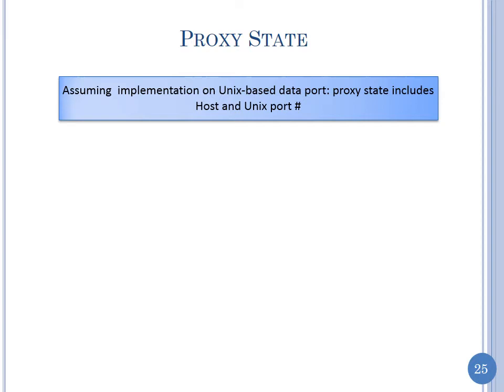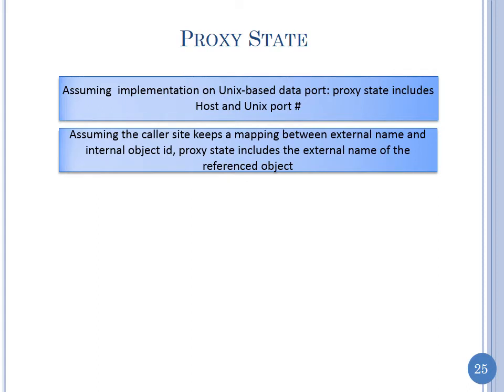That's not how Xerox did it, for instance, but today's modern systems all tend to be Unix-based. If we assume that, then we need to store the host and port ID.